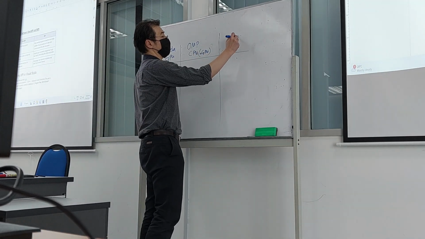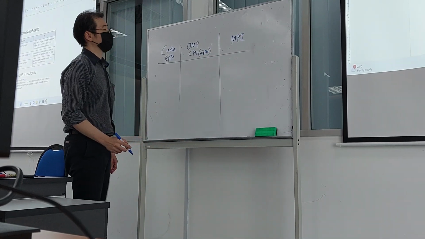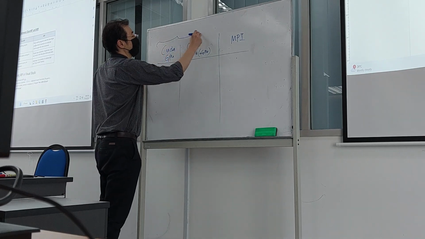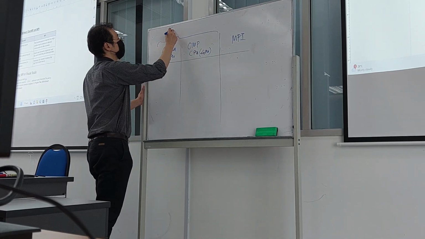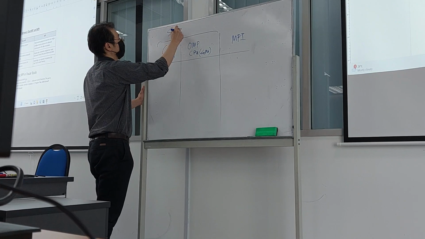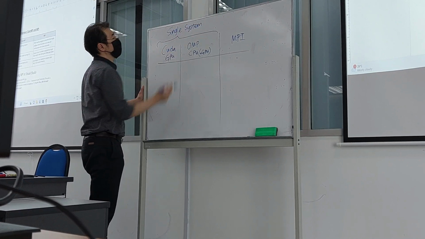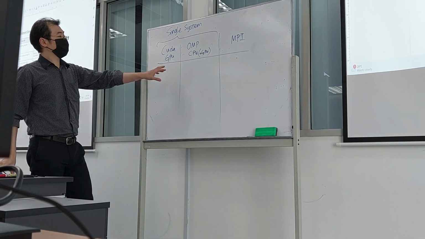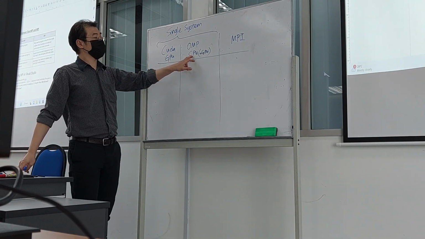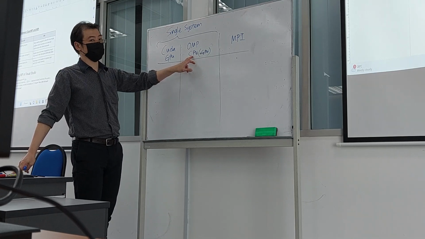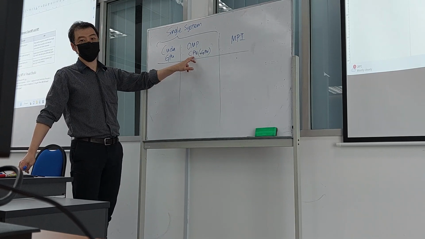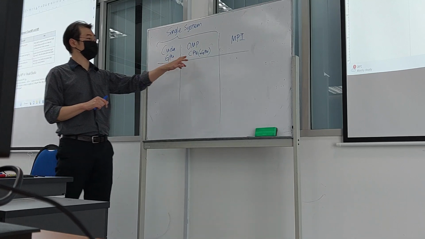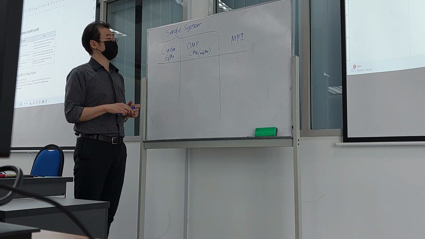The last one that we learned here is MPI. This message passing interface is another protocol. These two here are using a single system. Single system means you have a computer system, and that system might have multiple cores inside a single CPU, or you might have multiple CPUs, like an IBM mainframe, which might have multiple processor chips on the system.